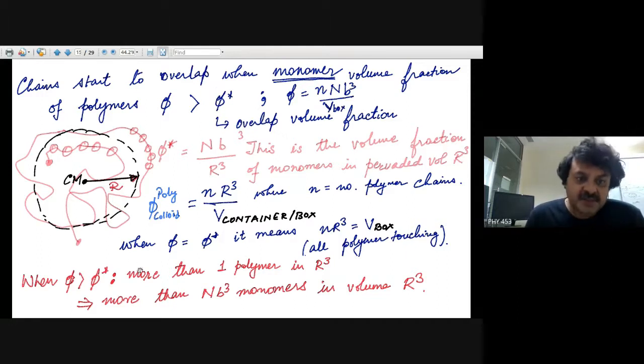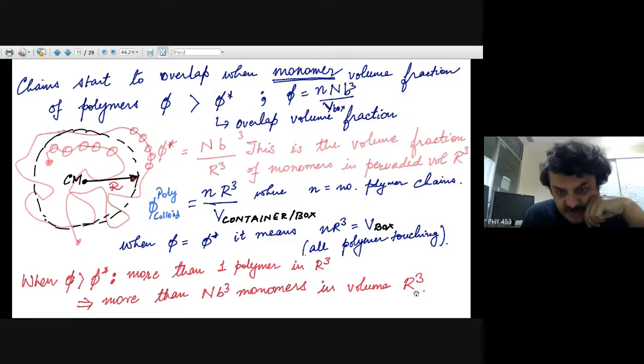But we are more interested in more standard polymer literature. When phi is greater than phi star, when the monomer volume fraction has become greater than phi star, then there are more than one polymer in a pervaded volume of R cube, and more than N b cube monomers in a volume of R cube, right?